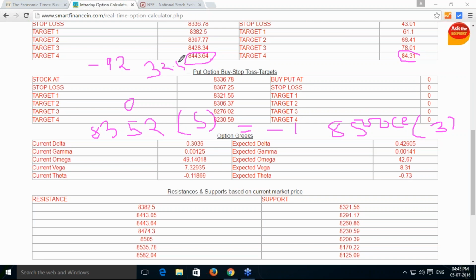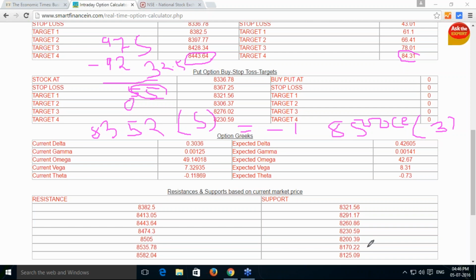In 3 lots of options, I'll be making 97.5 as profit. So net, with delta 0 for this strategy, I'll be making a net profit of some 5.5, meaning 5 rupees and 50 paisa, because I kept the delta as 0, meaning risk as 0.